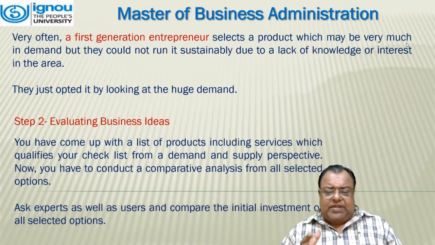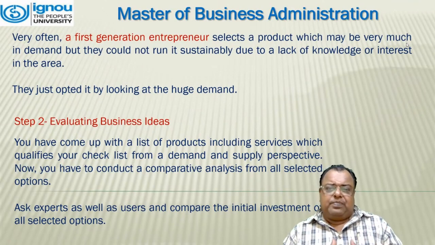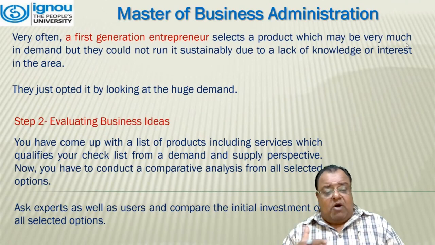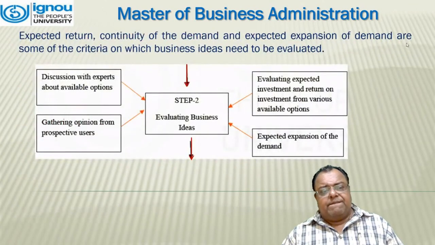You have come up with a list of products, including services, which qualify your checklist from demand and supply perspectives. Now, you have to conduct a comparative analysis of all the selected options. Ask experts as well as users and compare the initial investment of all selected options.